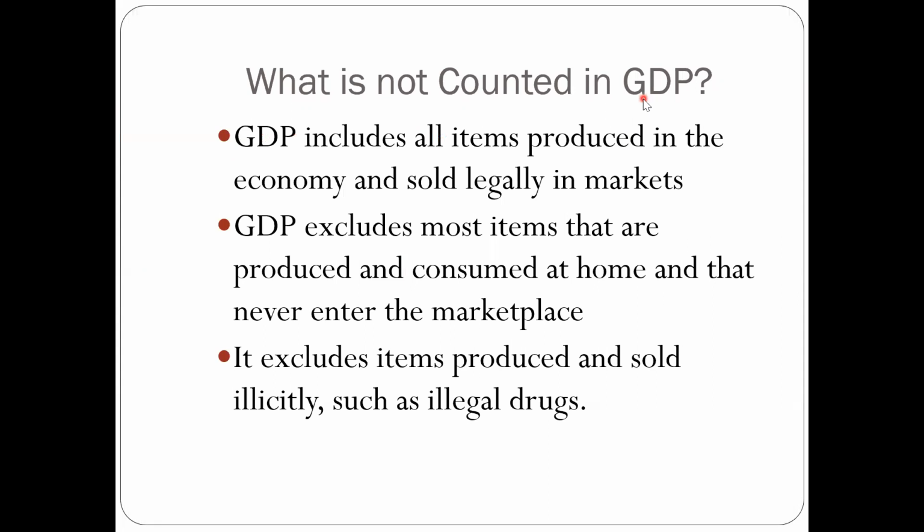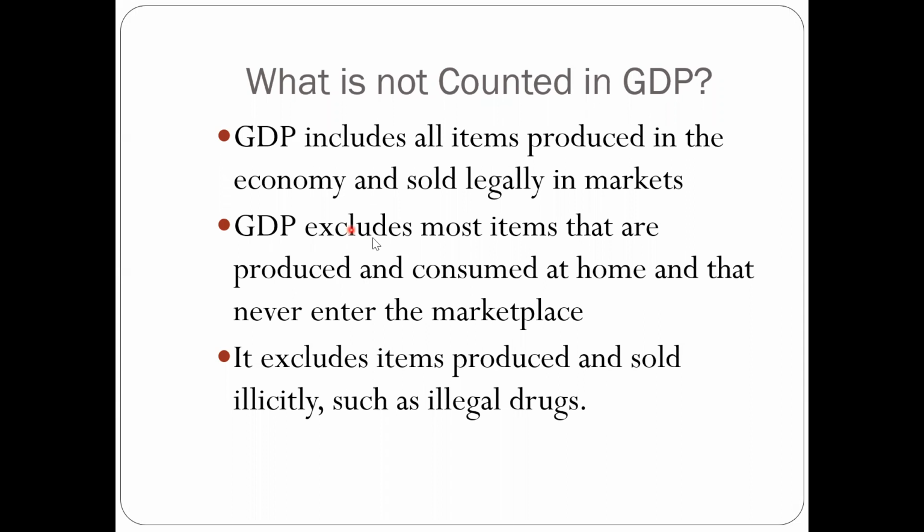We have some components that we can count in the gross domestic product, like the goods and services consumed at home. Because these goods and services consumed at home, we can't enter it to the marketplace, so we can't include it in the gross domestic product. So we have the main definition: gross domestic product includes all items produced in the economy and sold legally in the market.